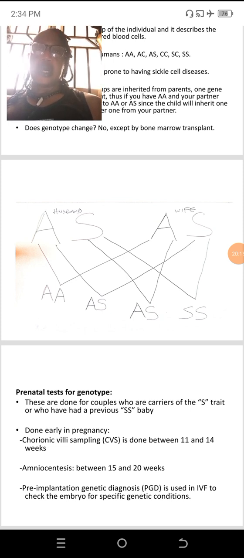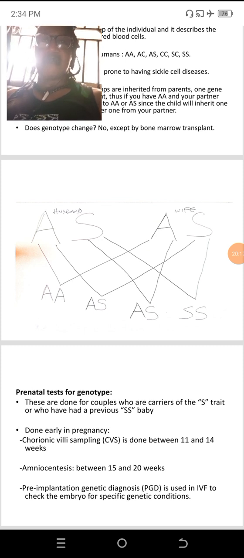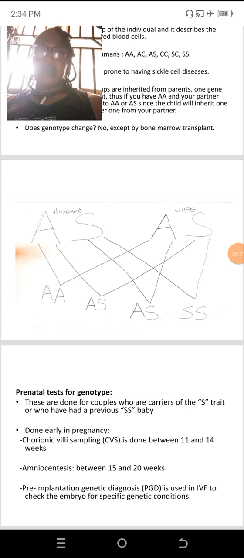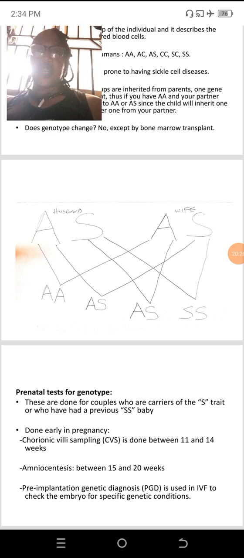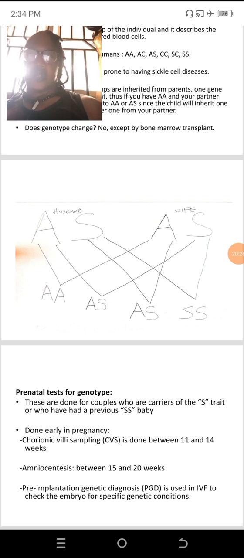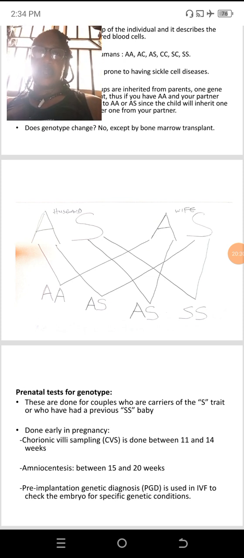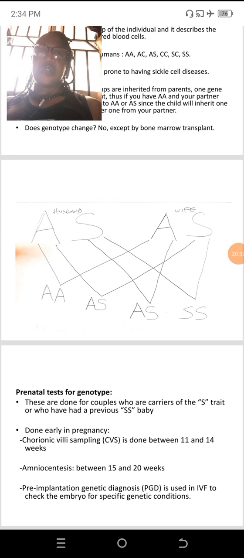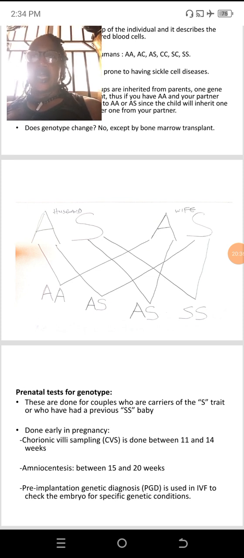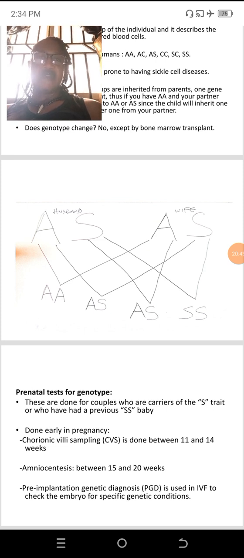Then vaccinations also have to be taken seriously. One of the complications they have, especially in childhood, is pneumonia. So there are vaccinations that are given to reduce the risk of developing that type of pneumonia in individuals who are SS. Then there are antibiotics that are given to also reduce the risk of developing infection.